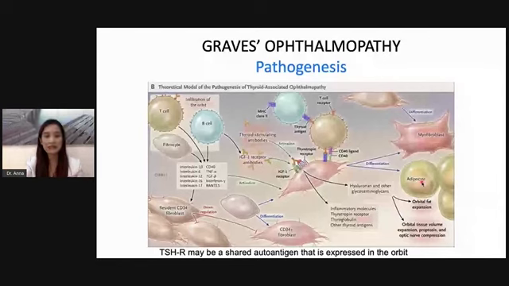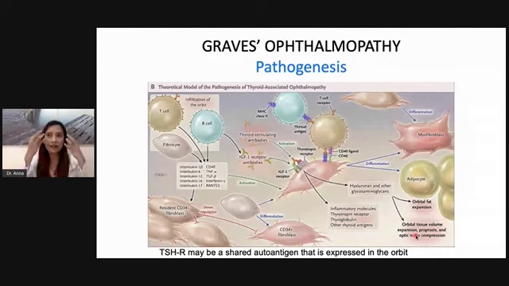Your same thyroid stimulating antibodies from your B cell will result in activation of your TSH receptor in the fibroblasts in the muscle at the back of your eye, and the activation of your TSH receptor will result in increased uptake of hyaluronan and glycans, inflammatory molecules, and this will result in differentiation into myofibroblasts and increased orbital fat expansion and orbital tissue volume expansion.